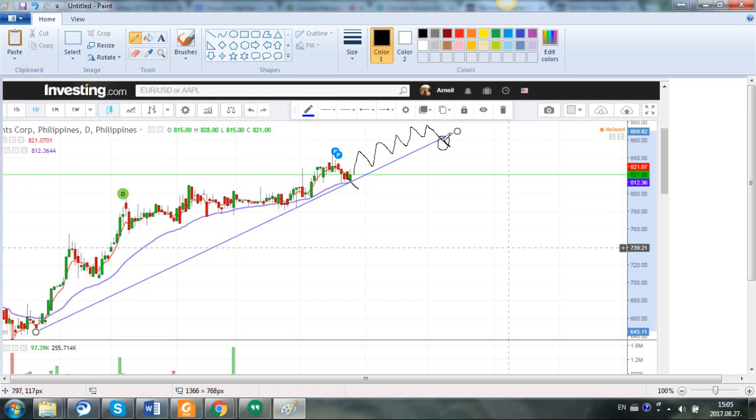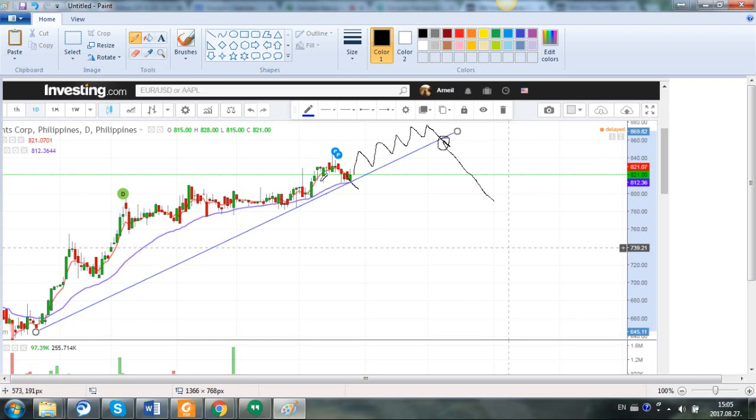Kasi it can happen na magre-reverse na yung stock. So to avoid missing that opportunity to sell, then use this trick.